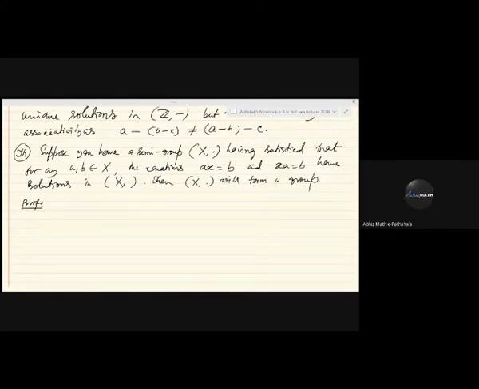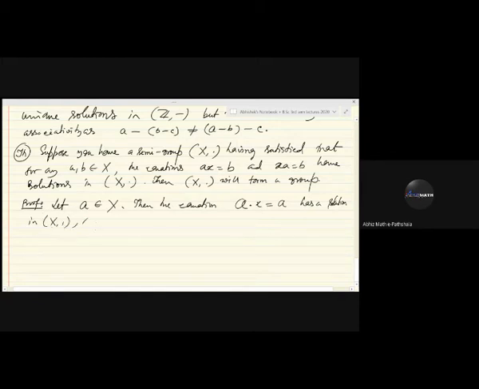So fine. And for this one, let A be any element of X. Then just consider this equation, X equal to A. So this equation has a solution in X dot.